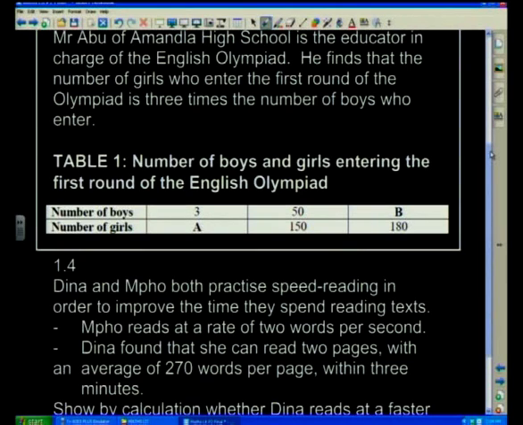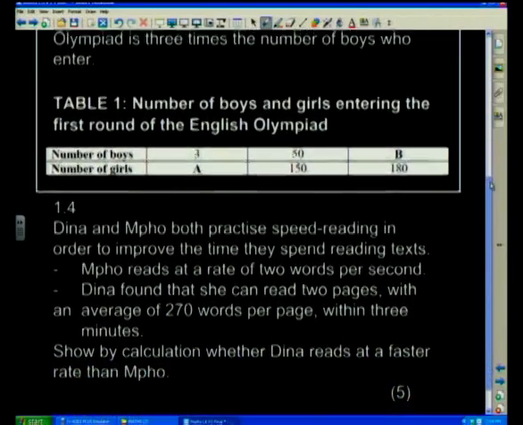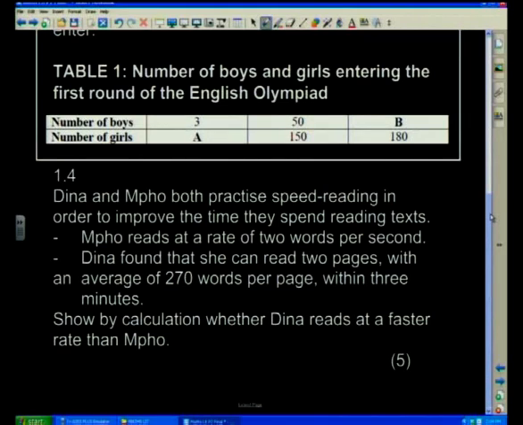Dina and Unpau both practice speed reading in order to improve the time they spend reading text. Unpau reads at a rate of 2 words per second. Let me just underline that first. Unpau reads at a rate of 2 words per second. In 1 second, she reads 2 words. Dina found that she can read 2 pages with an average of 270 words per page within 3 minutes.